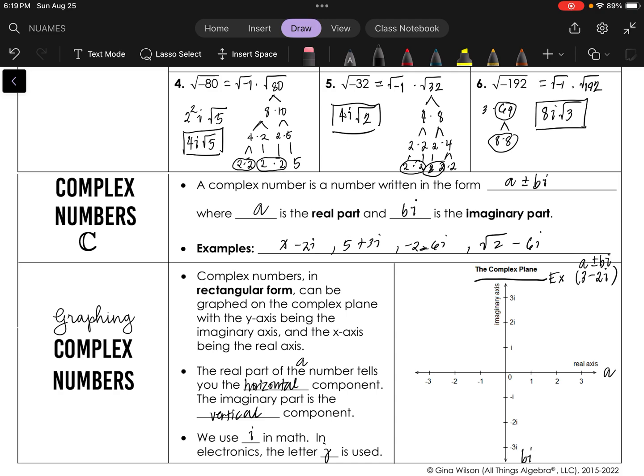So if I graph 3 minus 2i, I go 3 to the right, because that's positive. And then I go negative 2i, which goes down 2 units for the I. Therefore, that's your point. You could erase this part and just plot the point for 3 minus 2i here. So that's how you plot them.